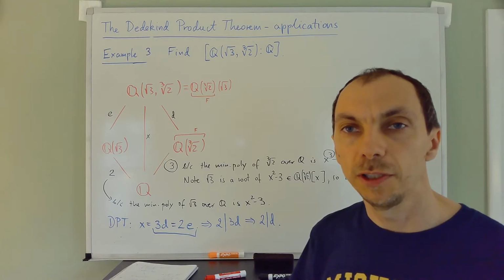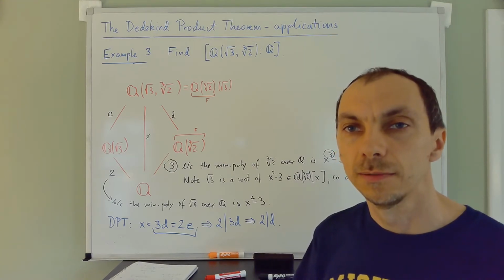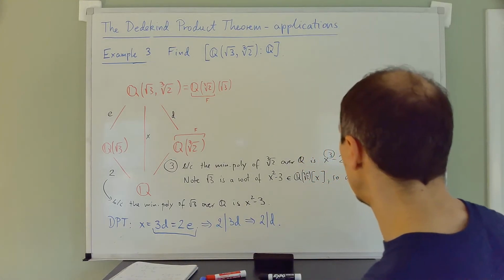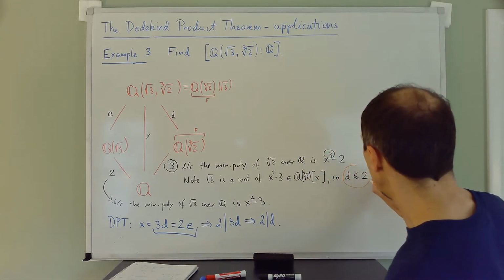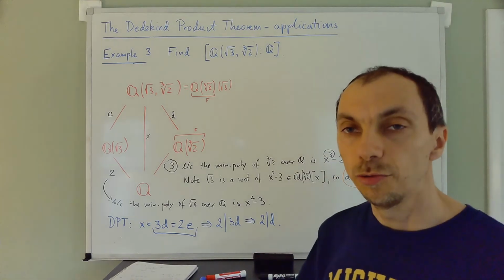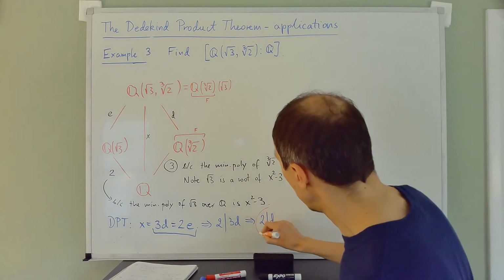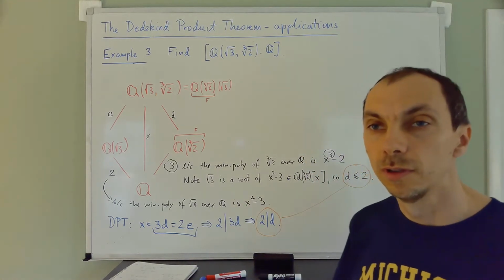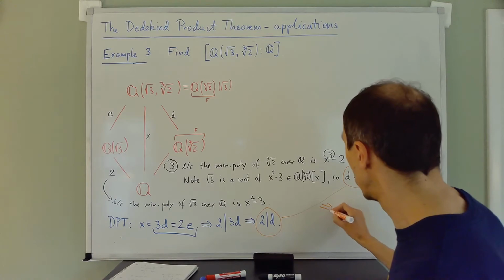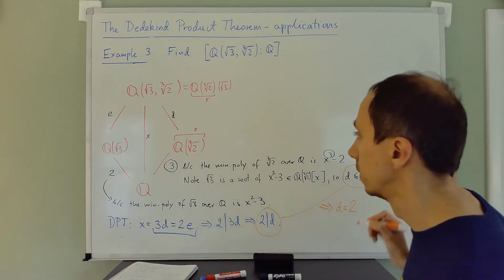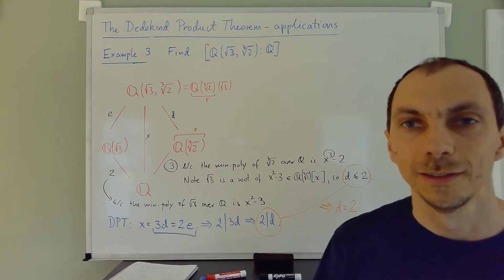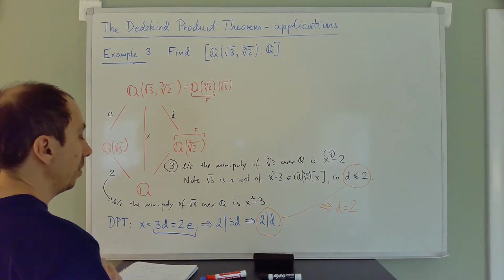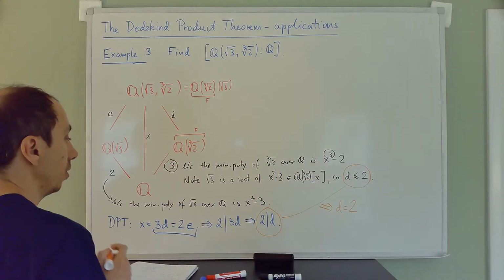If you wish, you can pause the video here and think about this answer. Okay, let me tell you why we already have an answer. Because we have that d is less than or equal to 2, and on the other hand, I know that d is divisible by 2. So that means that d must be 2. Clever, huh? So without doing any messy calculations, I know that d is 2.